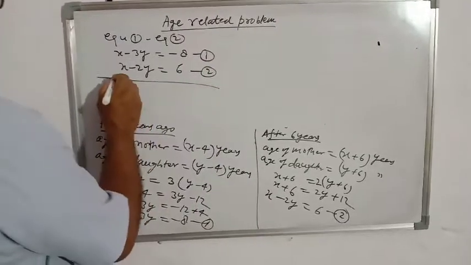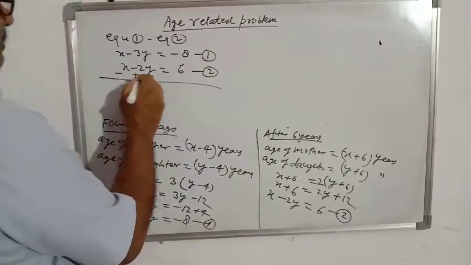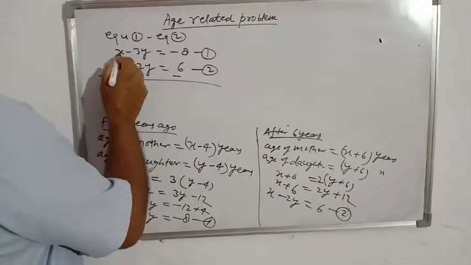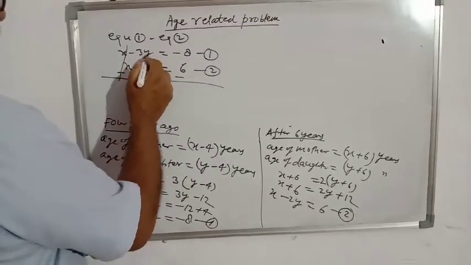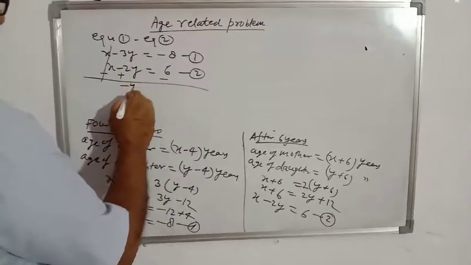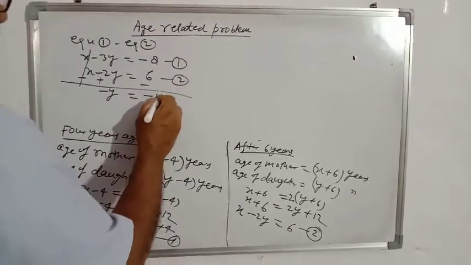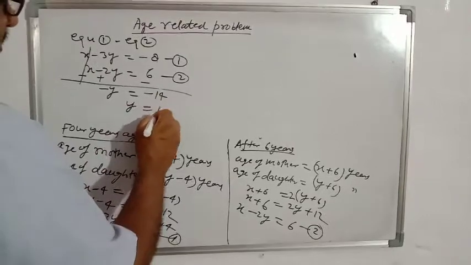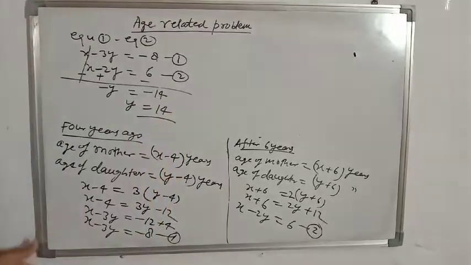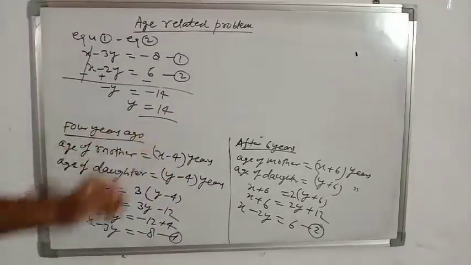We will subtract it, so change the signs. X minus x cancels, minus 3y plus 2y gives minus y. Minus 8 minus 6 is minus 14. So what will be y? 14. So the value of y is 14.